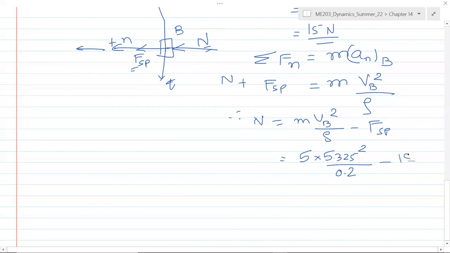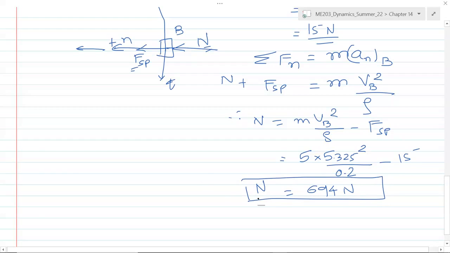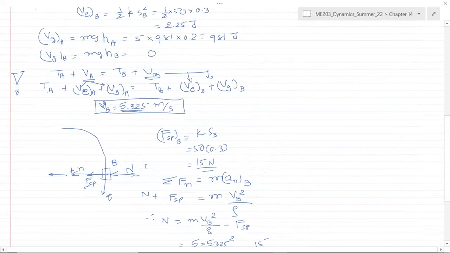Minus 15. And the answer is 694 newtons after rounding to three significant figures. By the way, this N stands for normal force, and this N is for the unit newtons. So that's the end of in-class exercise 4.